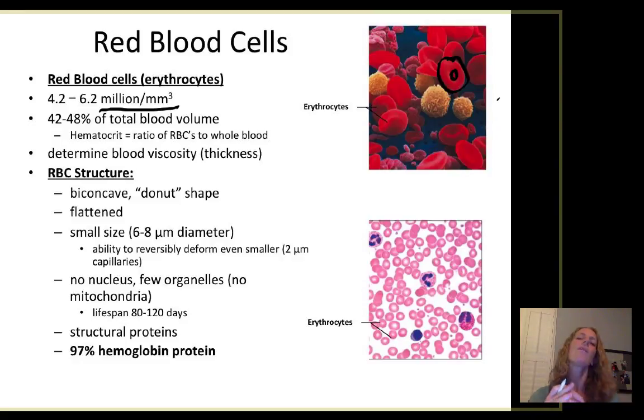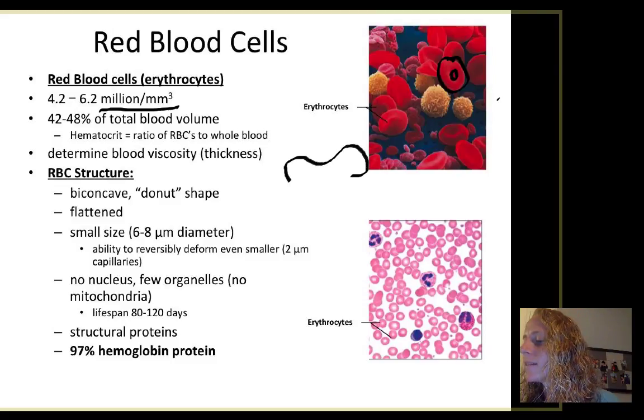That's why we say they look like a slightly filled donut, where the edges are wider and the center is thinner. So if you look at a red blood cell from the side, it would look like this. So in other words, there's a concavity to the center of the red blood cell.